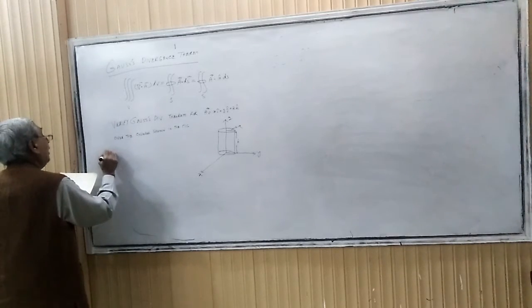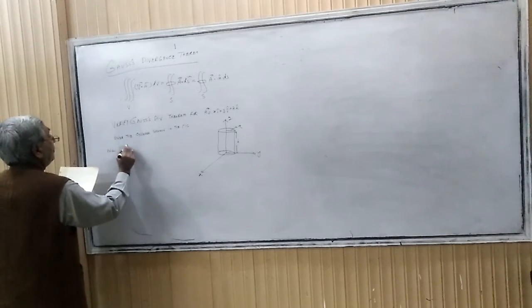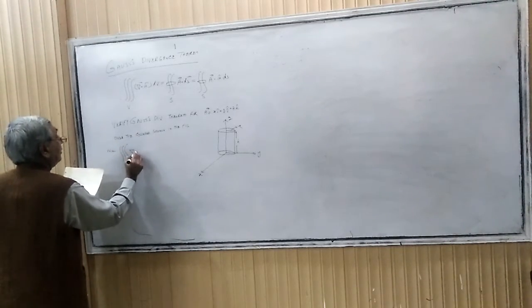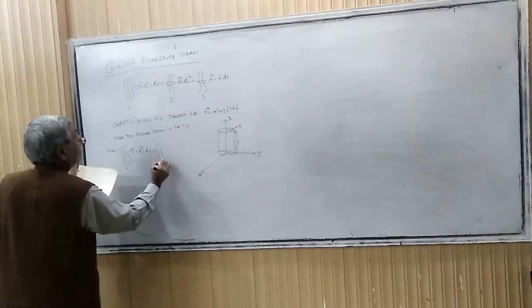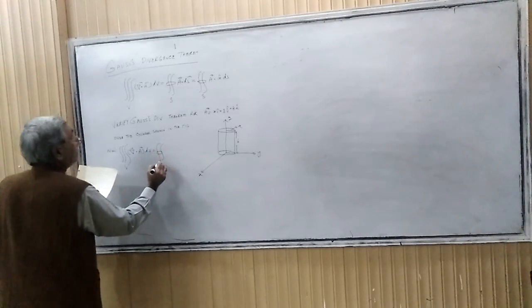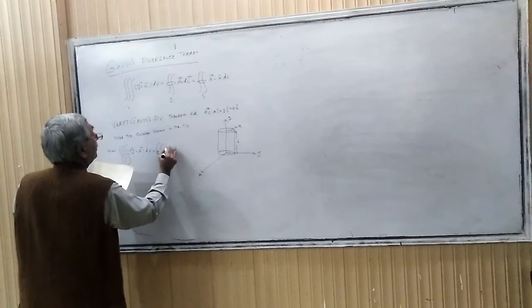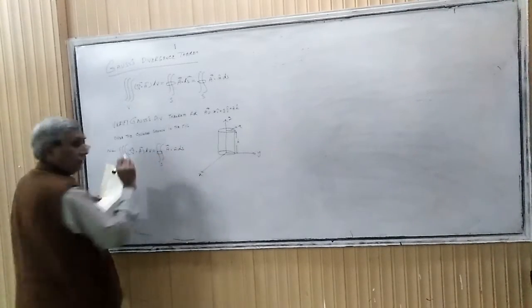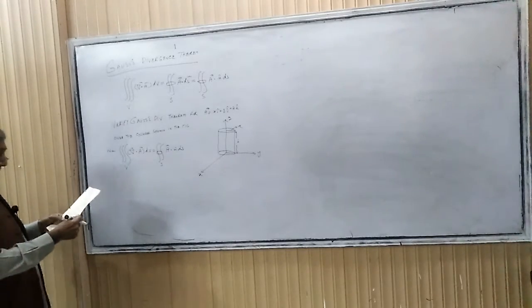So you will say now the same thing: the volume integral of del dot A dV is equal to the closed surface integral of A dot N dS. Now in this case you have to calculate all the three parts.